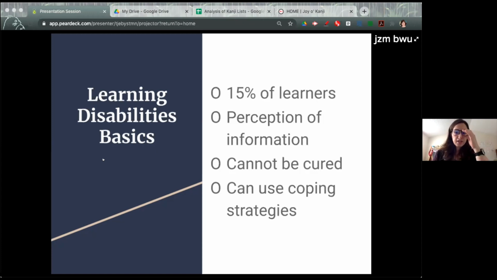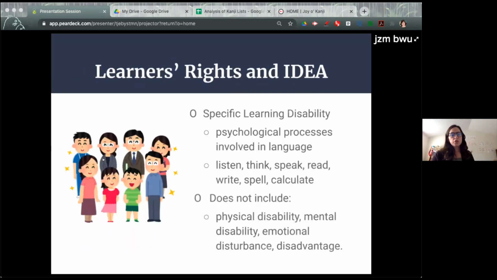So let's look at students' rights, because that's really the starting point here. If you teach in a K-12 setting, you have almost definitely been in an IEP meeting or read an IEP and seen the term specific learning disability.